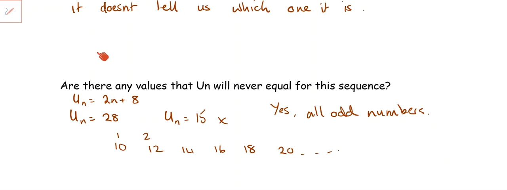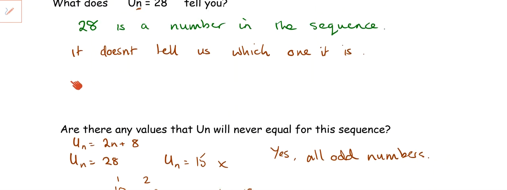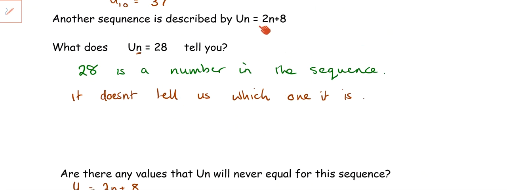And that's kind of the thing. I'm going to ask you to write an equation, and I want you to tell me why. So un is equal to 2n plus 8. Un is equal to 28. So logically, I can write the following thing. 2n plus 8 equals 28.